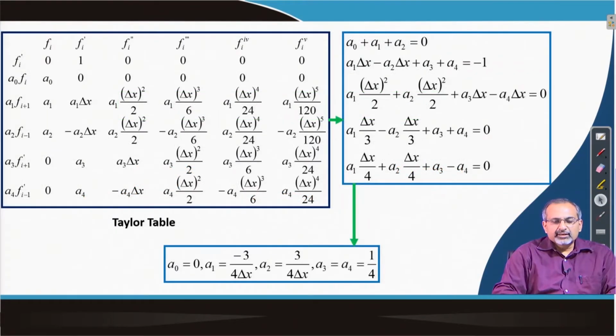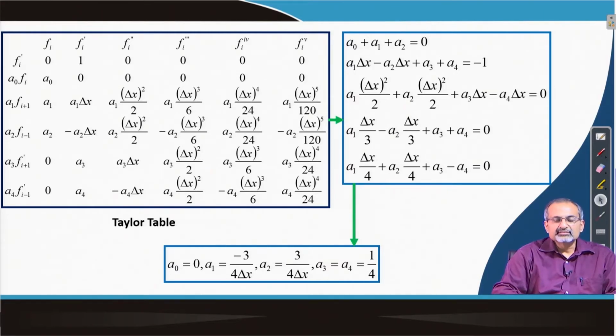So, we are looking at the formulation which was shown in the previous slide, and we have now constructed the Taylor table for it. And you can now see the Taylor table populated with all the relevant terms, and by now we have become familiar with the Taylor table approach.